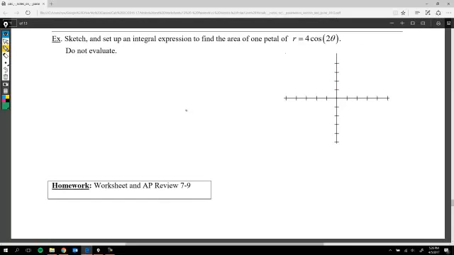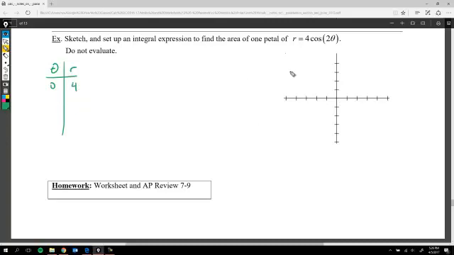Let's keep going. Again, we want to find the area of one petal of our cosine of 2 theta. Again, I'm thinking about a value of theta that I can plug in that will give me a maximum value of cosine. If I plug 0 in, so 4 cosine of 0, I get 4.